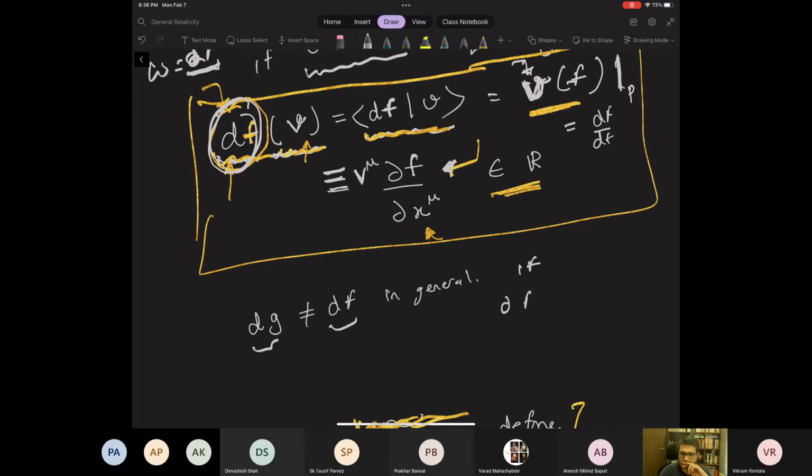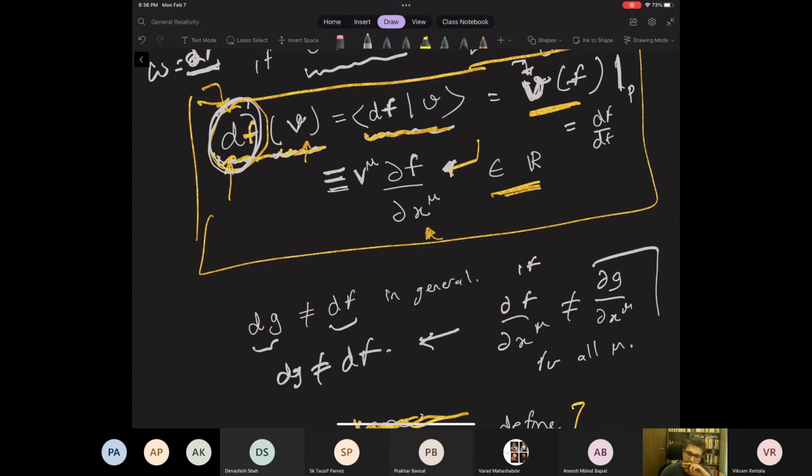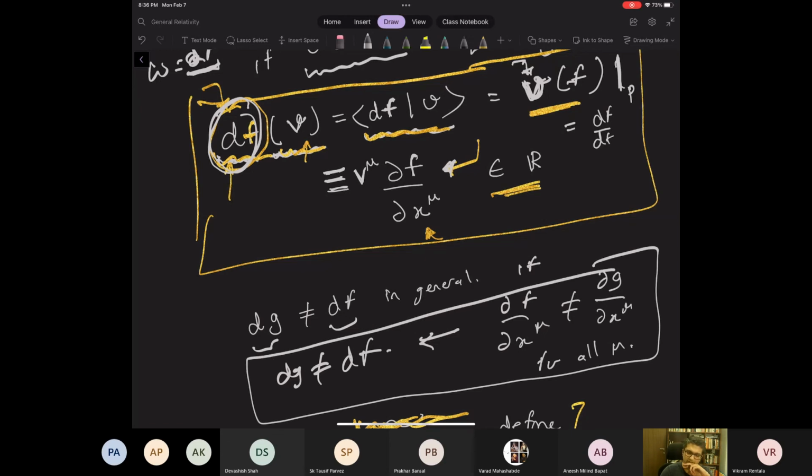If partial f partial x mu is not equal to partial g partial x mu for all mu, then dg is not equal to df. Right? Because I've only checked the action on one vector, but you should check the action on every possible basis vector.